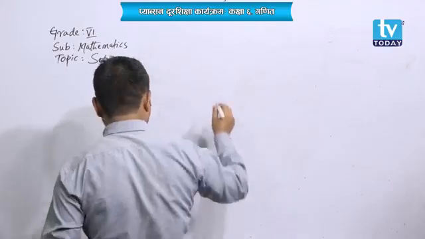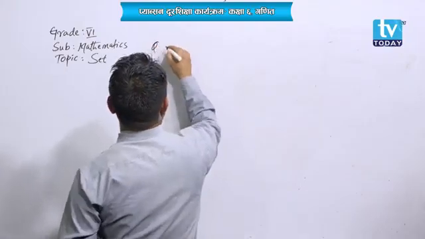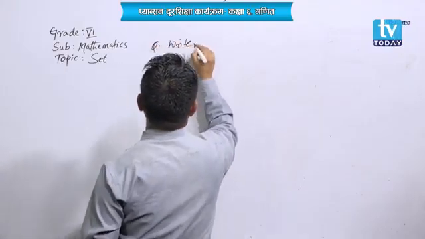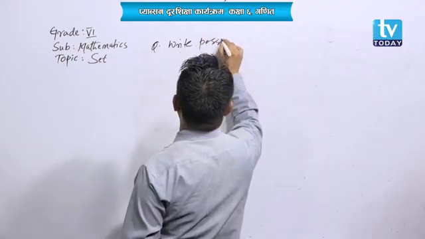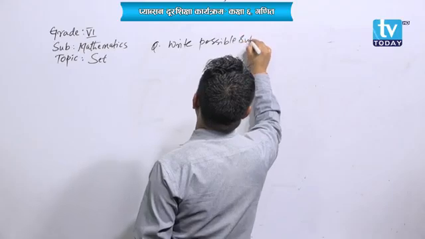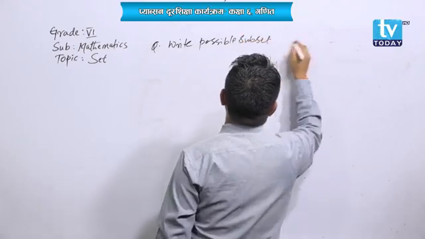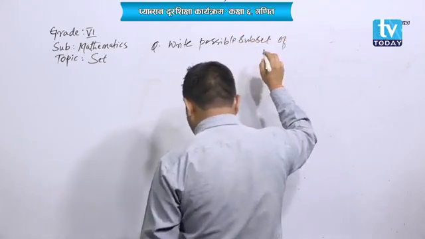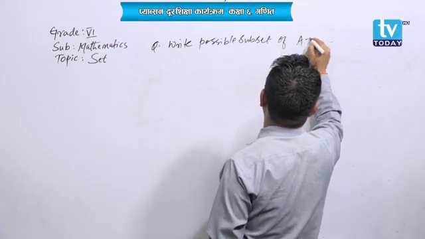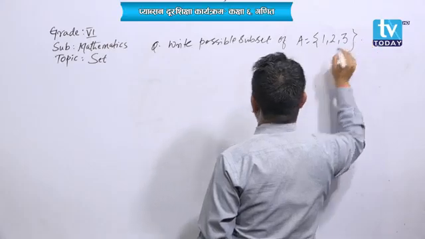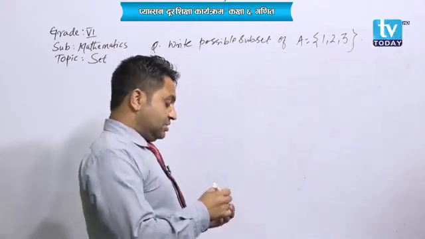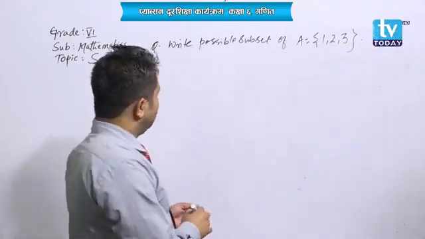Now another question: write the possible subsets of A. We already discussed subsets.